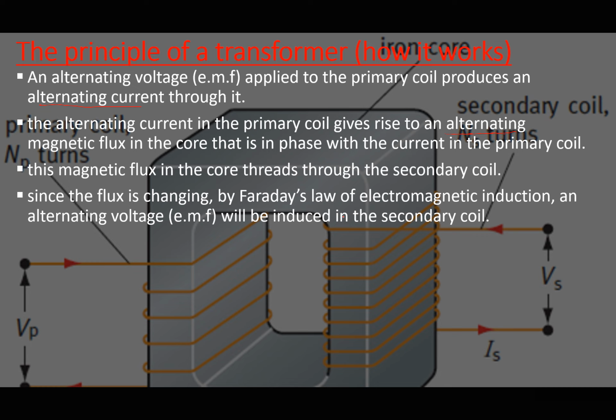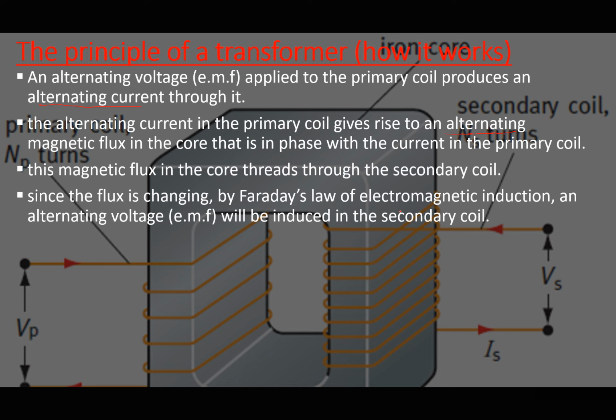By Faraday's law of electromagnetic induction, an alternating voltage will be induced in the secondary coil. As long as we have a changing magnetic field, then it means by Faraday's law, an alternating voltage is induced in the secondary coil.